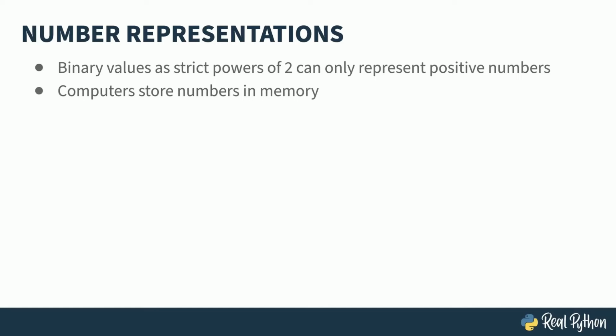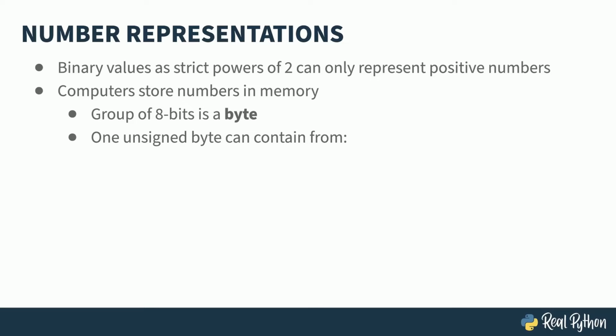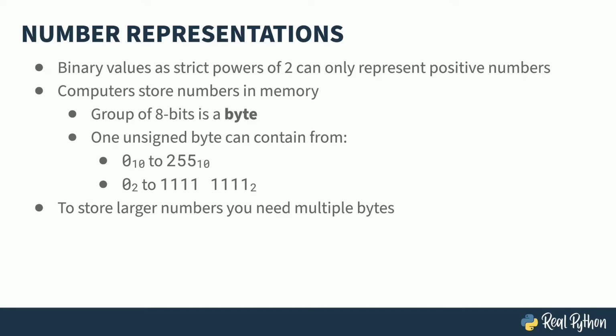Computers use binary to represent numbers, but they store those values in a finite space in memory. A group of 8 bits is called a byte. A single unsigned byte can hold from 0 to 255 decimal, or 0 to 11111111 in binary. To store numbers larger than 255, you need multiple bytes.